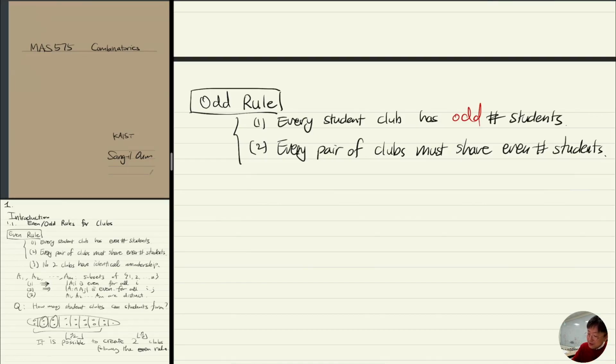Another way of saying it: you have a list of subsets such that each Ai is odd and Ai intersect Aj is even.